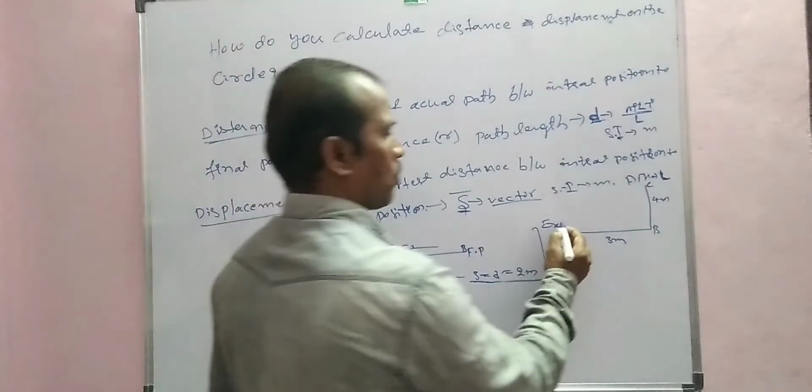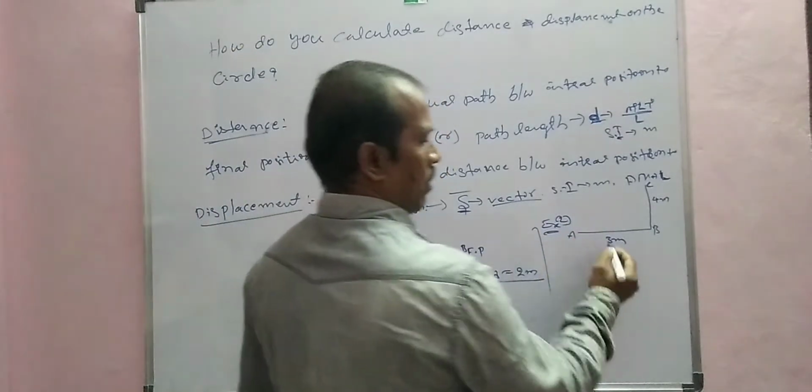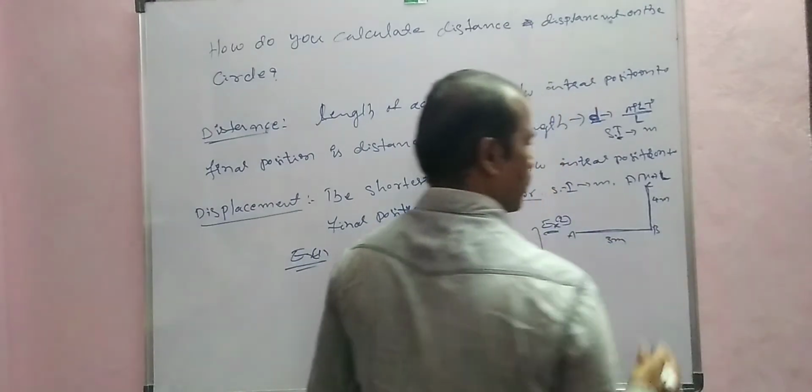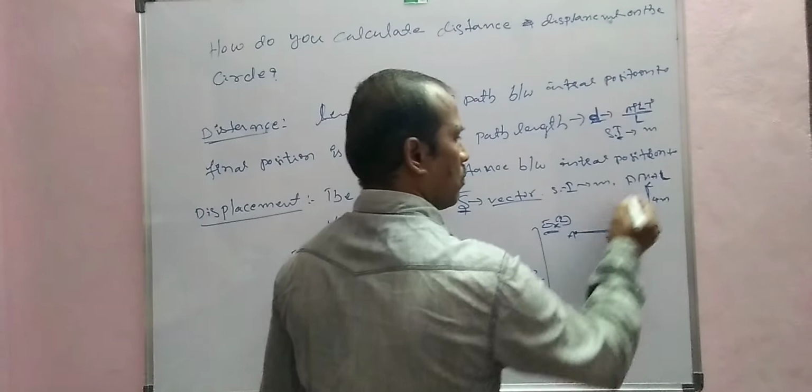In example 2, the displacement is the shortest distance between the initial position and the final position.